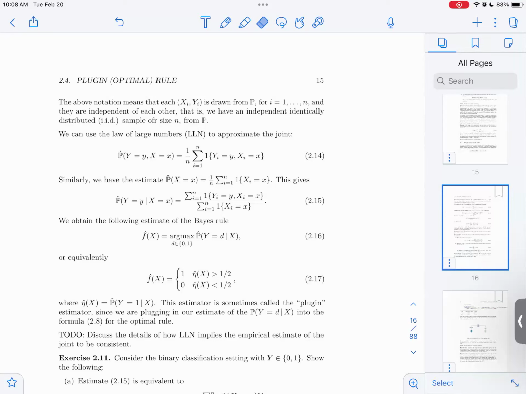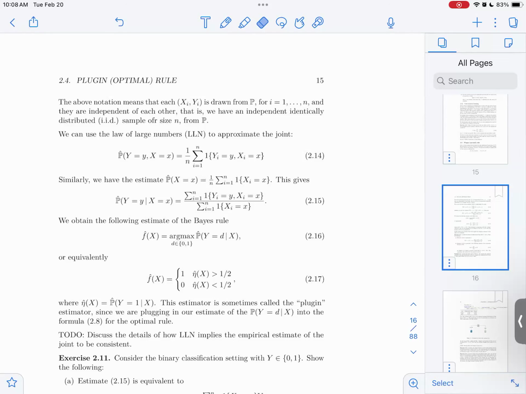This is just averages. You look at all the possible combinations of y and x and count how many you observe in the data divided by the total number, and those proportions are an estimate of the joint probability distribution, which is like a matrix in the discrete case.